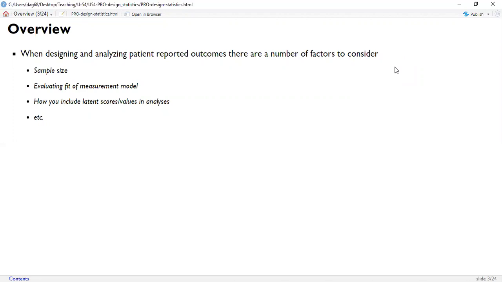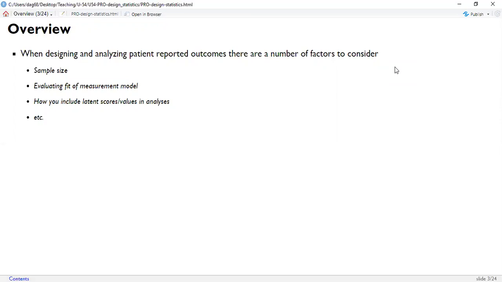So the pitfalls I'm going to cover are, there's 3 of them. They're related to sample size, evaluating fit of a measurement model, whether it's a confirmatory factor analysis or a type of item response theory model.